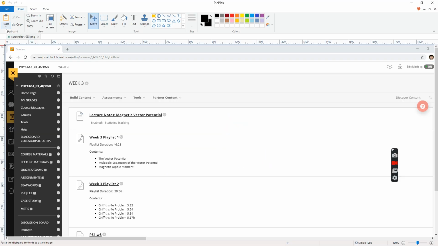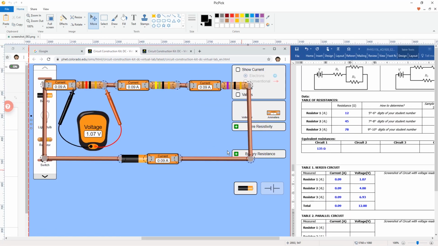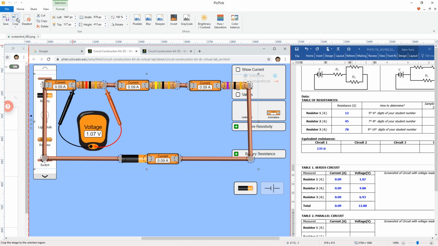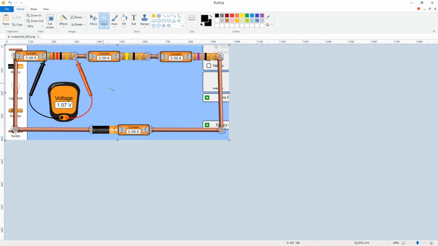Print screen. Okay, so we'll end up here. You can just do your own print screening. So copy. I'm using PicPic for my screenshot activities.